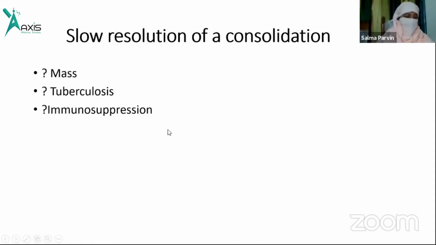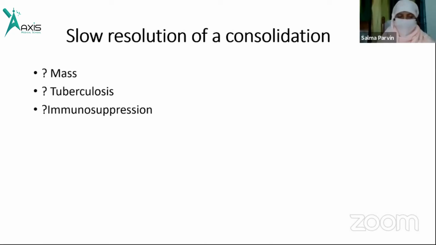Slow resolution means the therapeutic response is reduced in a consolidation. So whenever you need to declare a simple consolidation or a possibility of a mass, tuberculosis or immunosuppression, we need to have a very good follow-up in a patient with a suspected consolidation.